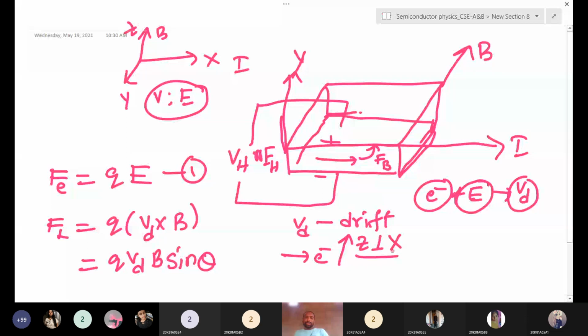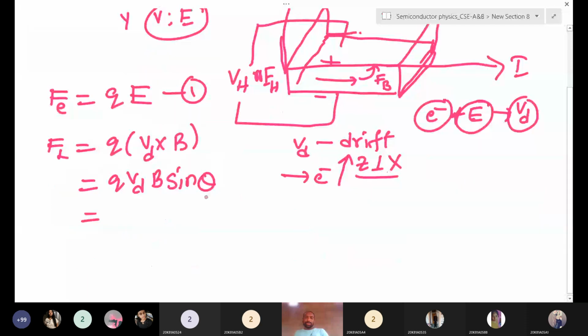So what is the theta value? The charge carriers move along x and the magnetic field is along z, so theta is always 90 degrees. Substituting theta as 90, sin 90 becomes 1, so the force is Q Vd B. This is equation 2.